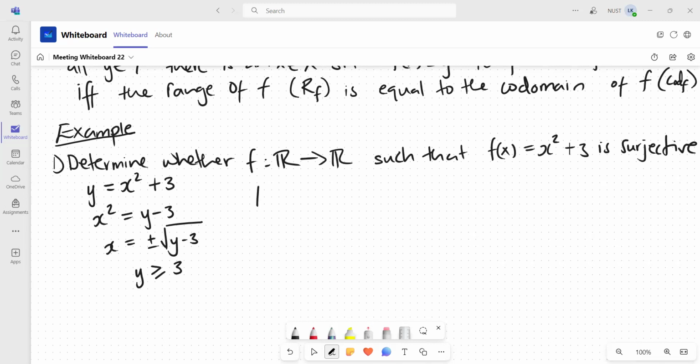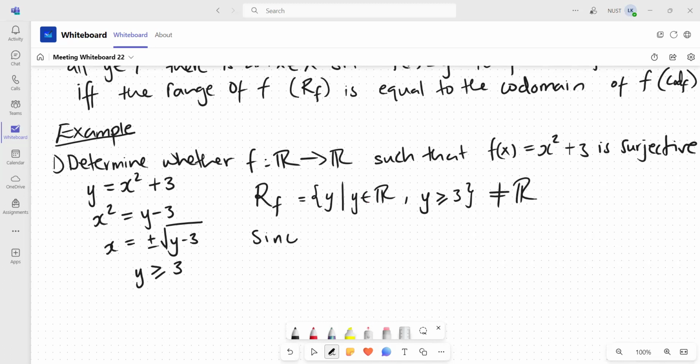So we can see that the range of f is equal to y, such that y is a real number and y is greater than or equal to 3. This is definitely not equal to the set of all real numbers.